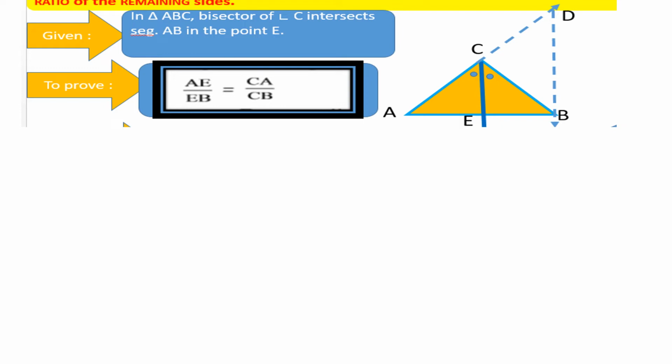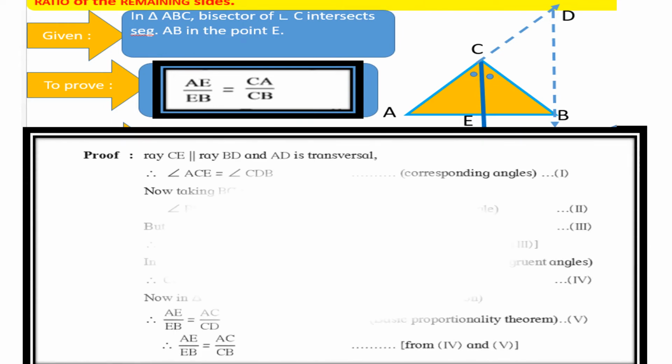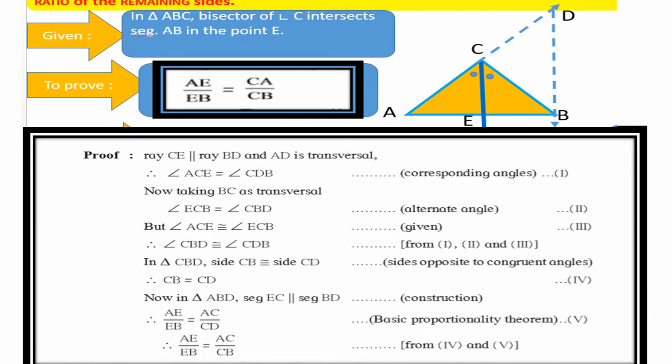We know CE is parallel to BD, where AD is a transversal. If CE is parallel to BD and AD is a transversal, angle ACE is congruent to angle CDB. They are corresponding angles. Now taking BC as a transversal, first we took AD as a transversal, now if BC is the transversal, angle ECB is congruent to angle CBD.